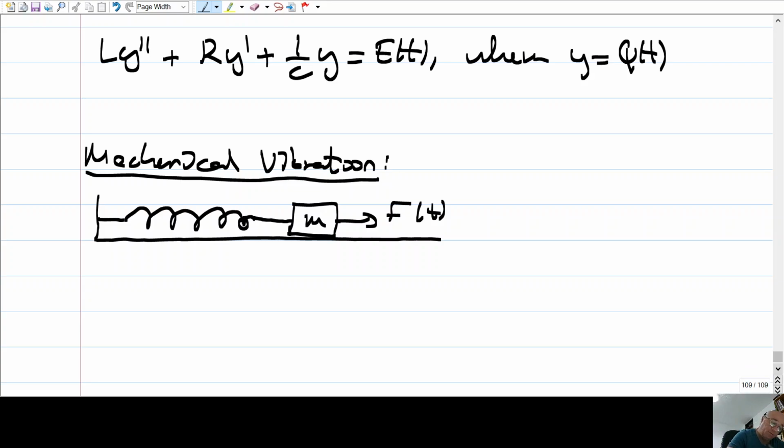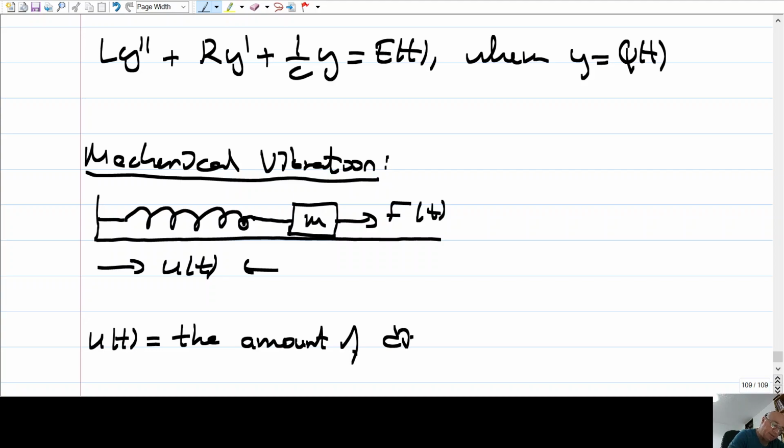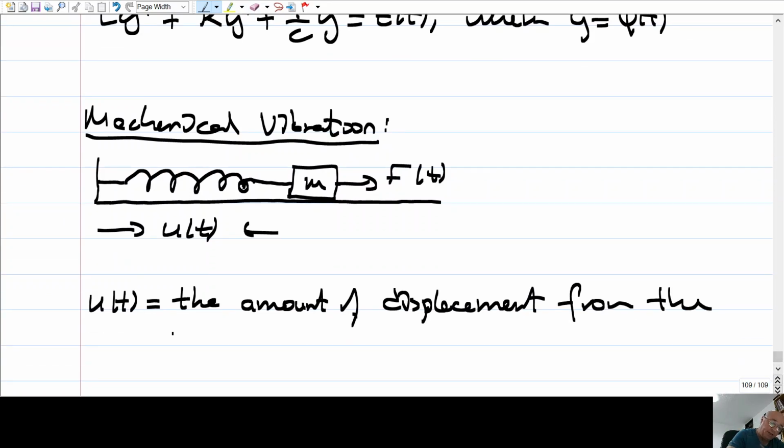Now suppose u(t) is the amount of displacement from the rest position.